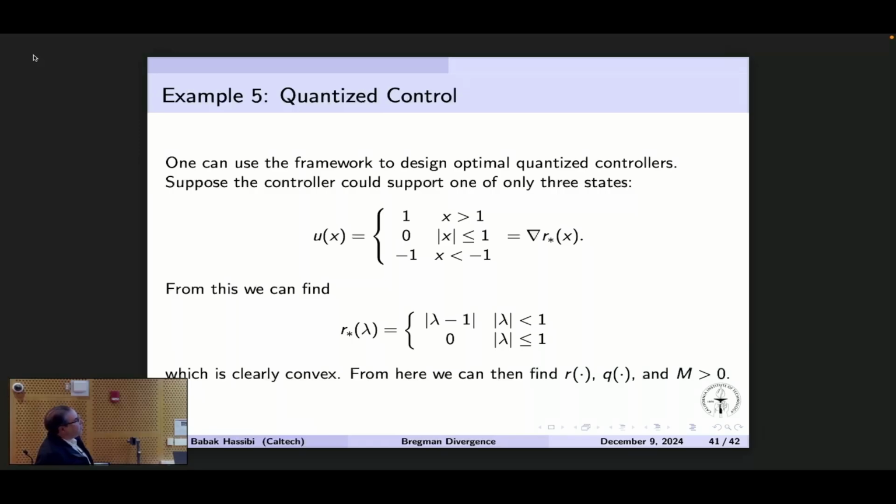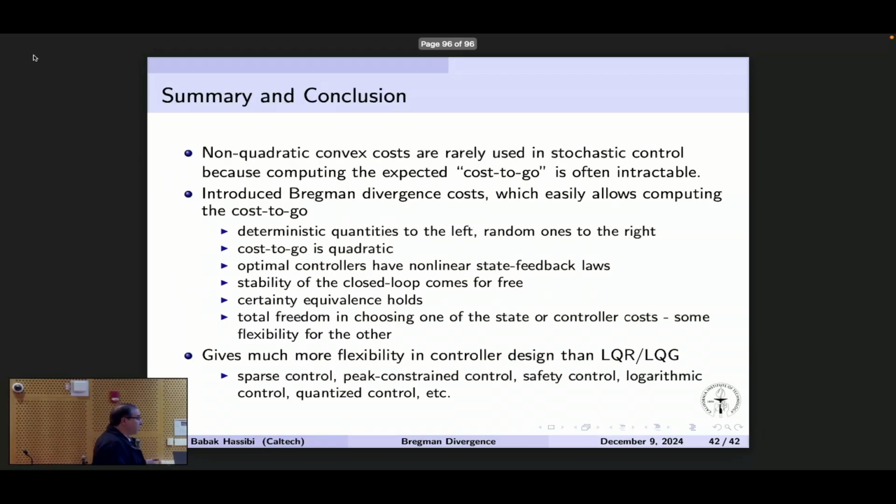And from here, you can find R and Q and M. I just want to convince you there's a lot you can do with this. Even though we insisted on Bregman divergence, moved the random stuff to the right, and insisted that the cost to go is quadratic, there's still a lot of flexibility.